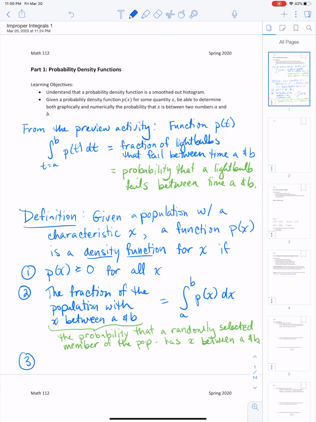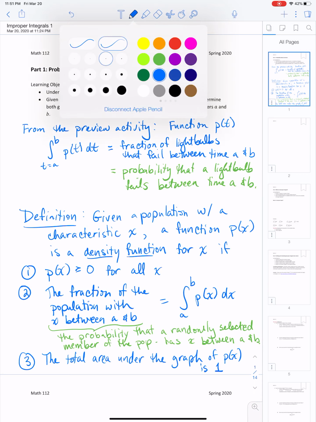Okay. And the third property is the total area under the graph of p of x must be 1. So you can think about that as just describing that the total population is 100% of the population.